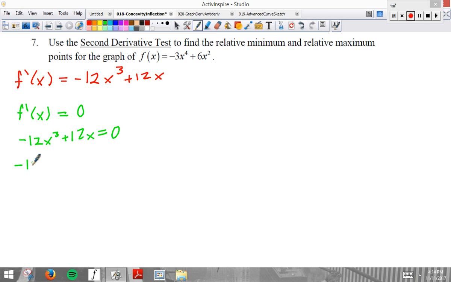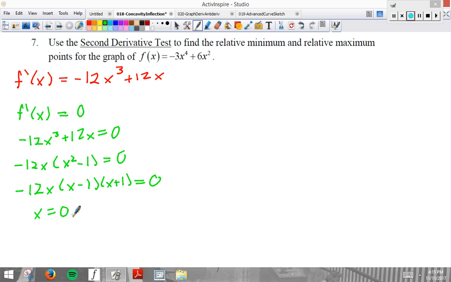So we'll factor. I'm going to factor out a negative 12 because the negative is a leading coefficient, and it usually makes things easier to have a positive leading coefficient. And then we have a difference of squares here. And the only solutions to this equation are 0, 1, and negative 1.